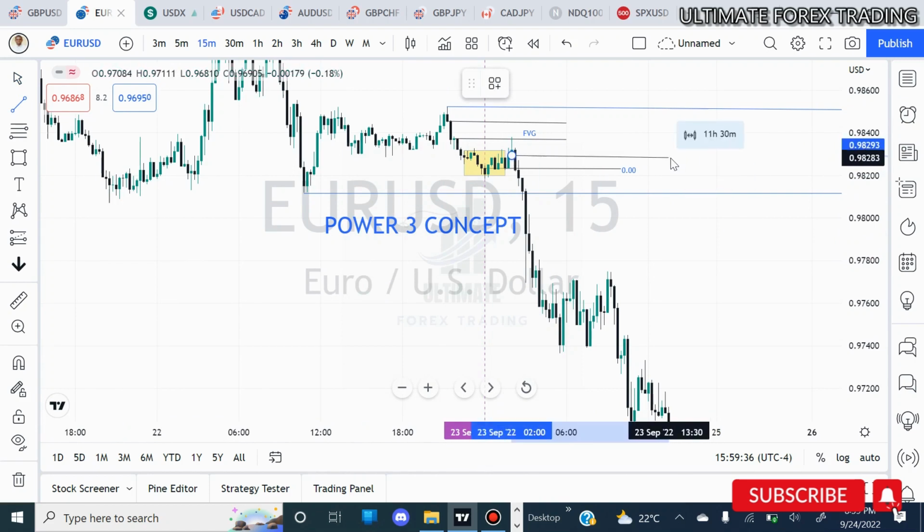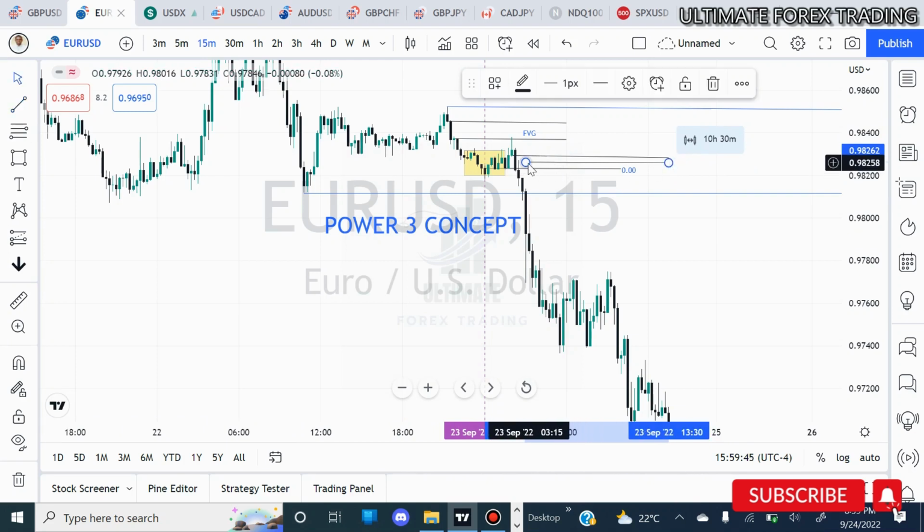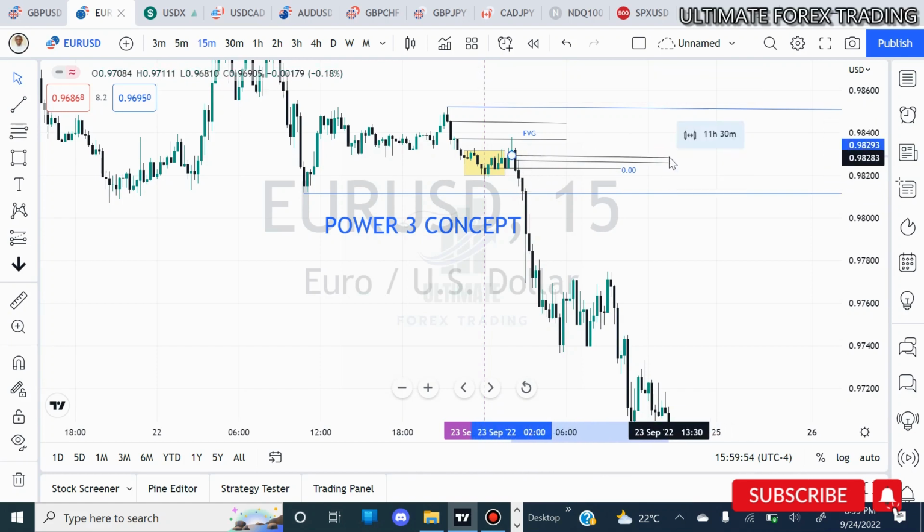This fair value gap, I was targeting it for my second entry. If only price retrace into this fair value gap from here, I would have entered.